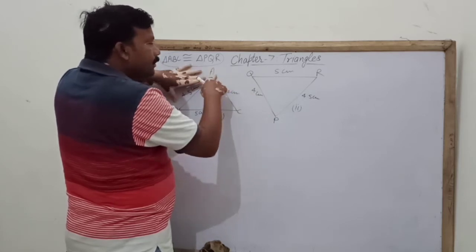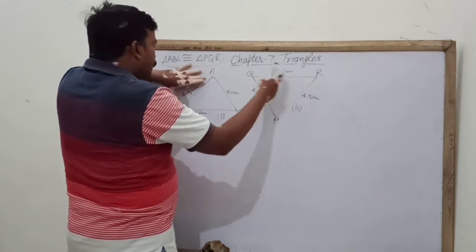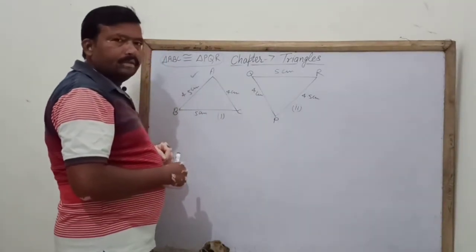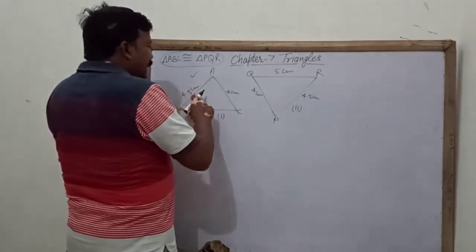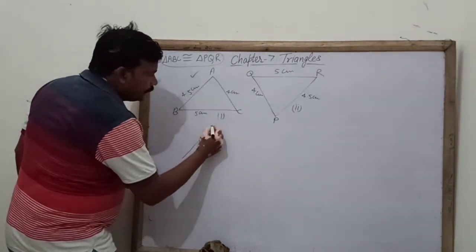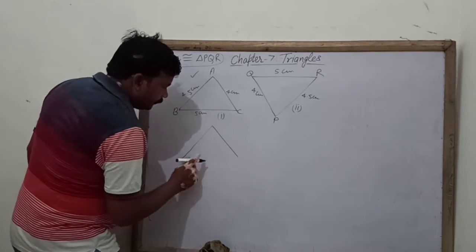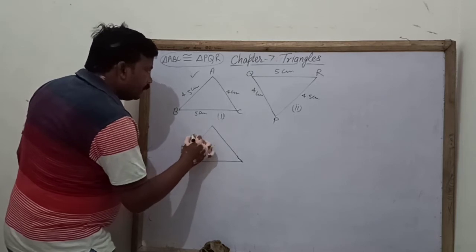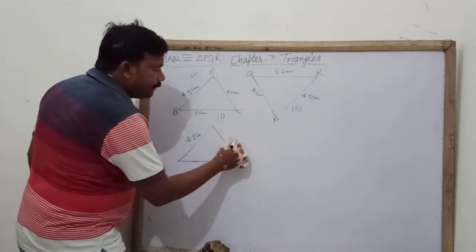Rotating it like this, this side will be 4.5, this side will be 5 centimeter and this side will be 4 centimeter.